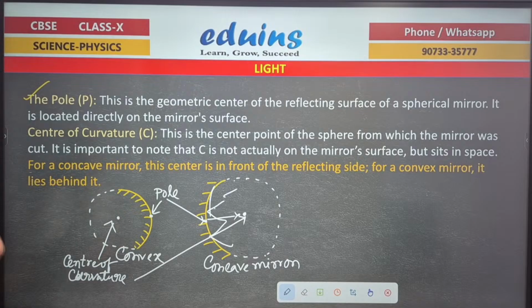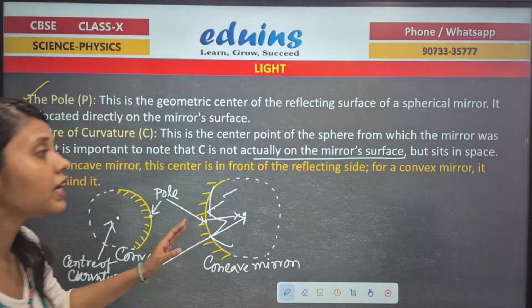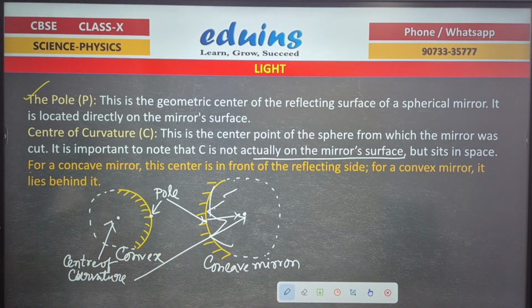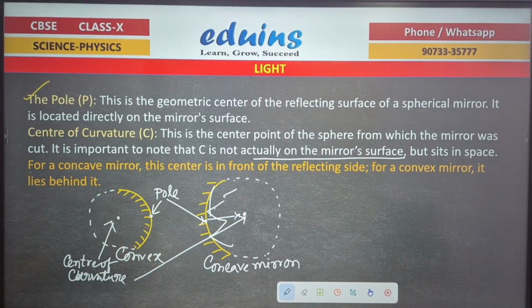The center of curvature is not situated on the mirror's surface, but in space. It is an imaginary point. So for the convex mirror it is behind the reflecting surface, and for the concave mirror it is in front of the reflecting surface. This is important for analytical questions. So now, the next definitions.